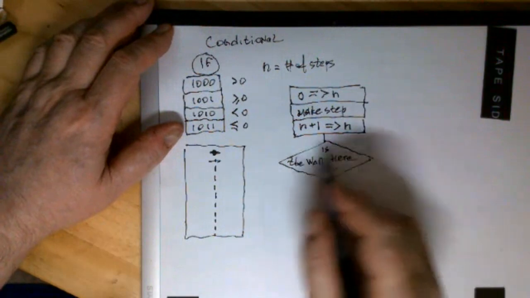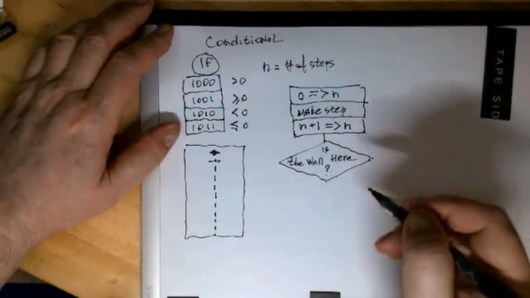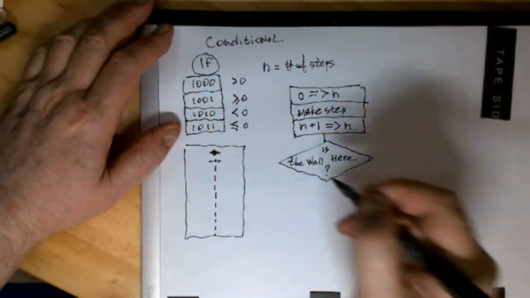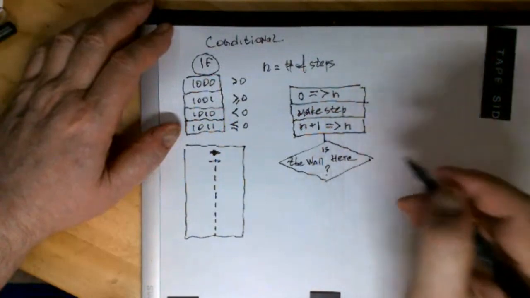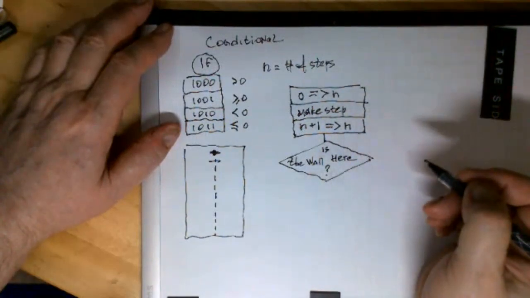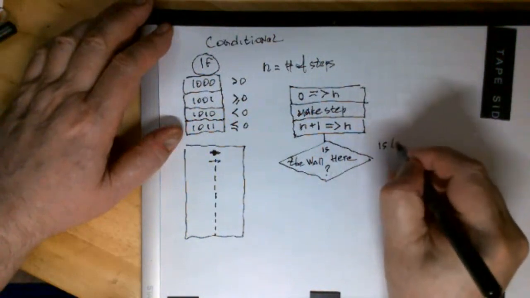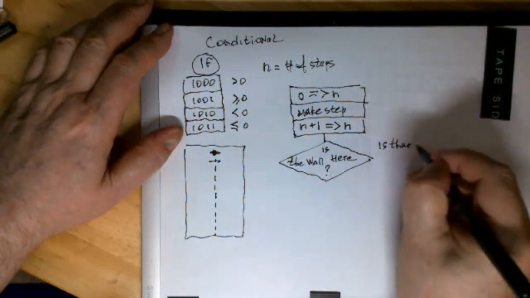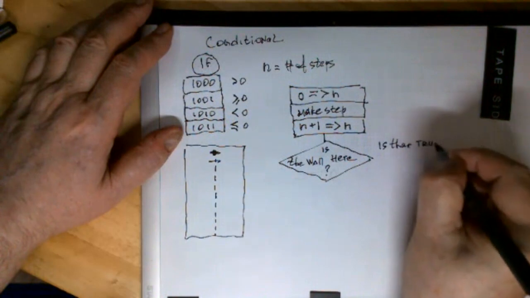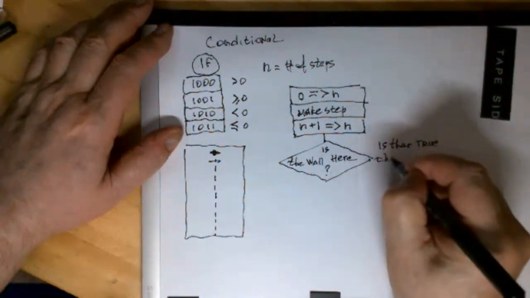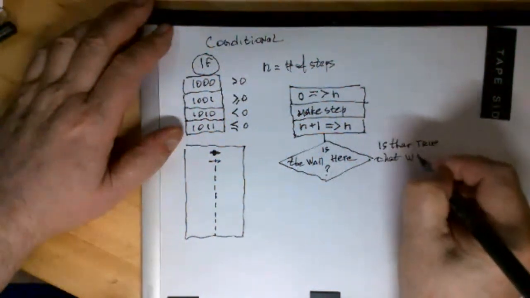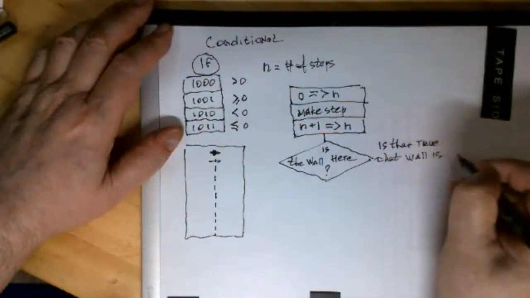This is operation if, actually. So I can say presence of the wall here is true, and that question could be started like this: is that true that wall is here?